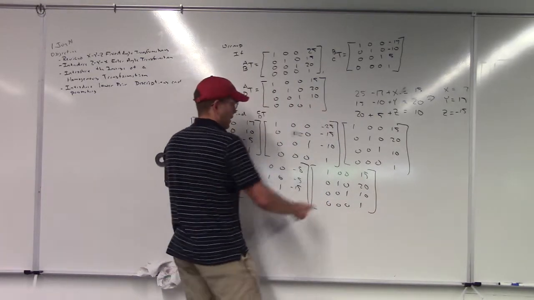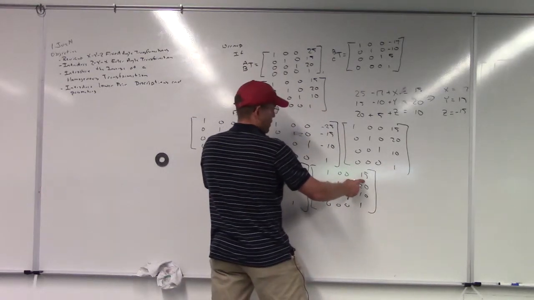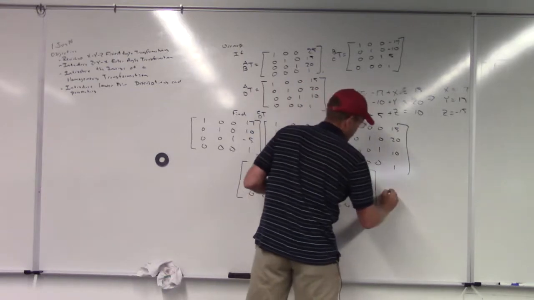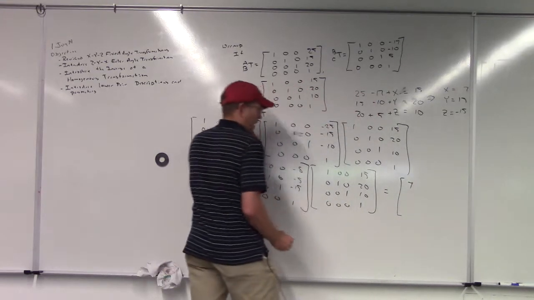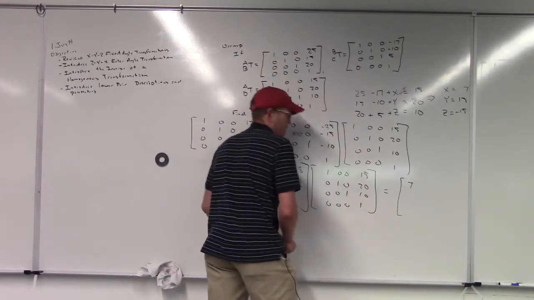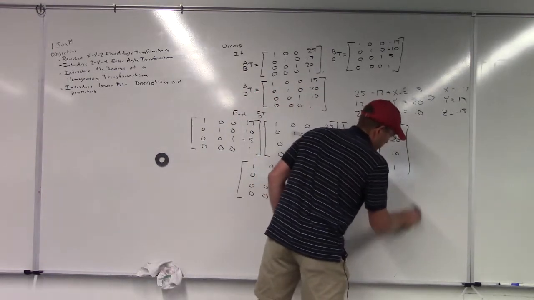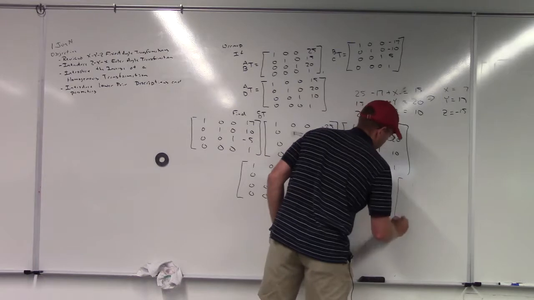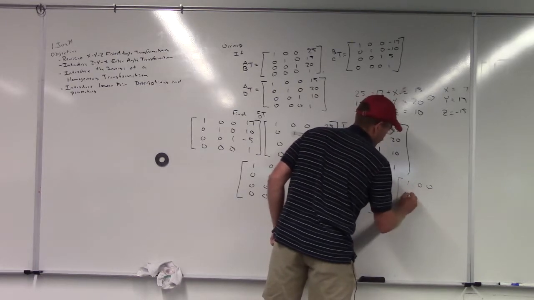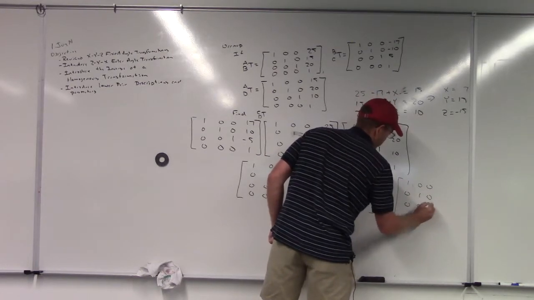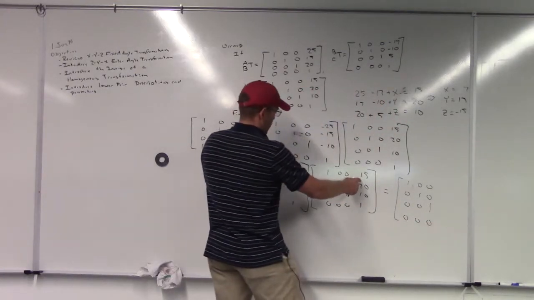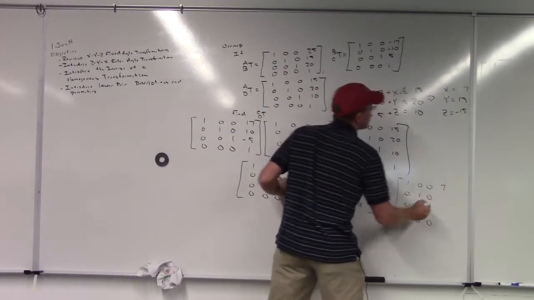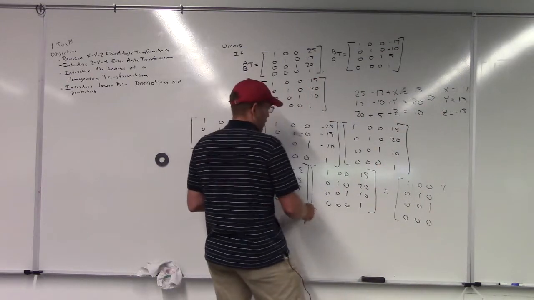So let's see, we have 15 minus 8 is a 7. Okay, that's good.